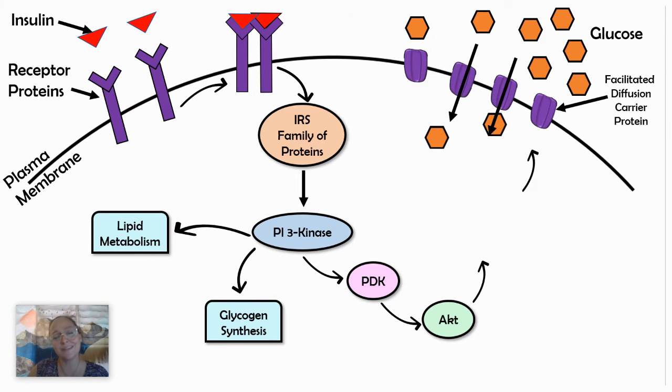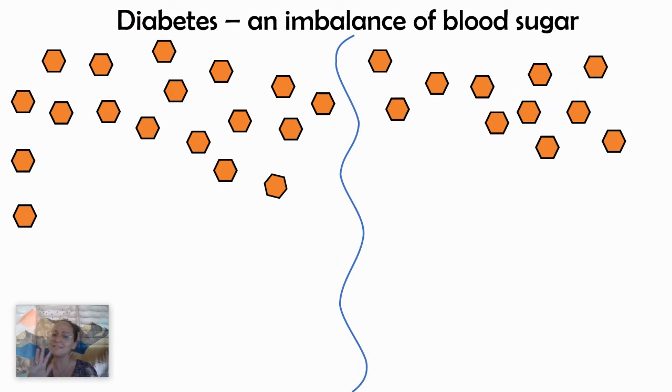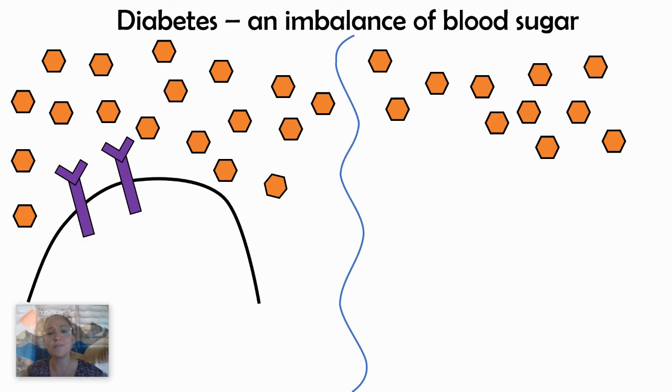So now let's go ahead and look at both kinds of diabetes. What's happening when we have a malfunctioning system, I guess, when we're not able to maintain homeostasis for blood sugar levels. So in the first one, let's look at the left side.